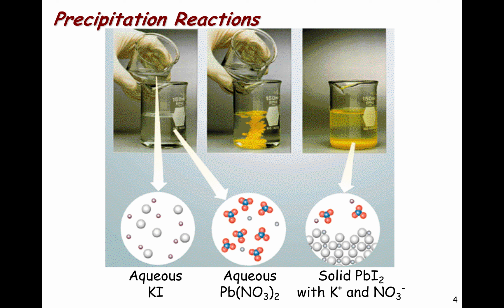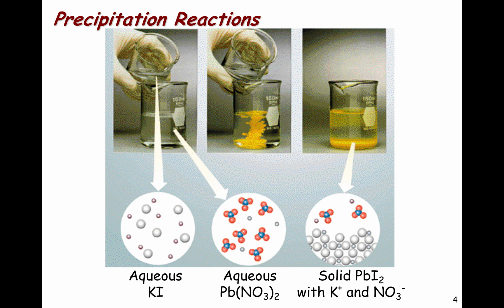On the left-hand side, we have our two beakers that contain the lead nitrate and the potassium iodide solutions. In the case of combining those two solutions, we get the immediate formation of the yellow powder that is the so-called precipitate.